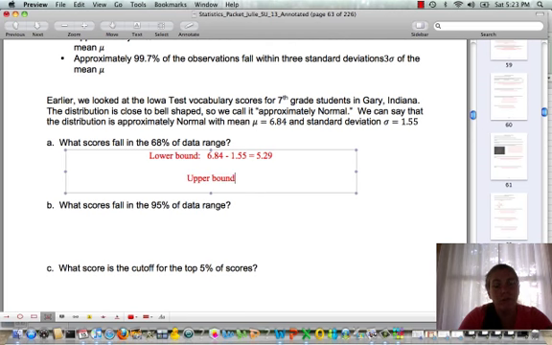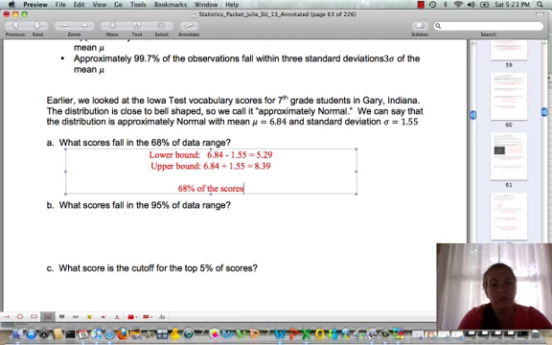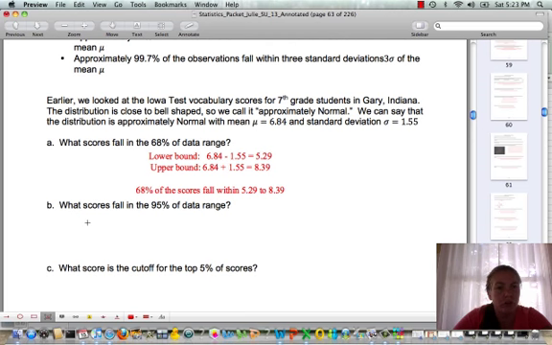The upper bound is going to be the opposite. It's going to be 6.84 plus 1.55. And if we total that up, we get 8.39. So we can say 68% of the scores fall within 5.29 to 8.39. So that's the range where we get 68% of the scores.